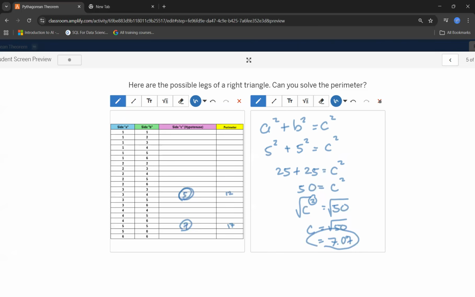But still, it will give us the same perimeter, 17. You can choose to use a ruler or the Pythagorean theorem, but I think the Pythagorean theorem will give you more precise answers.